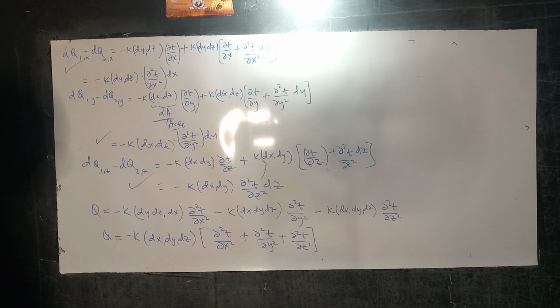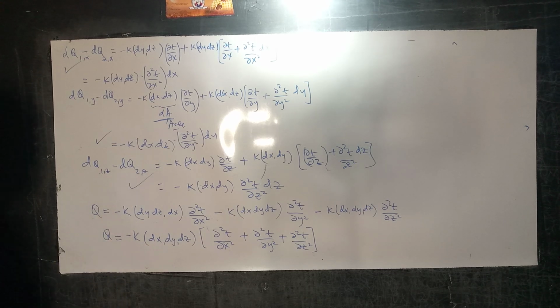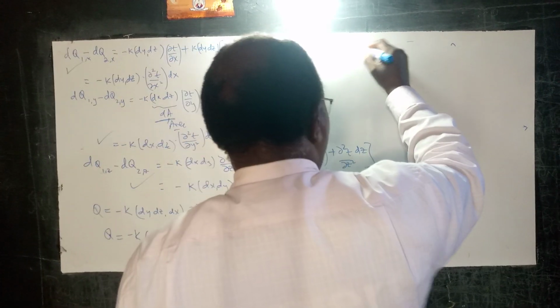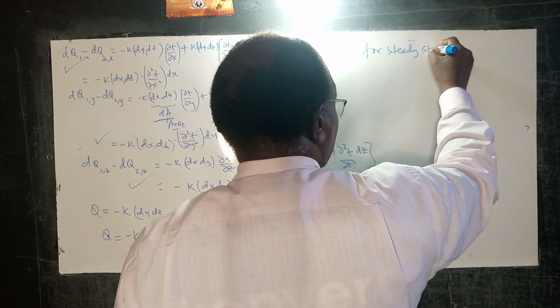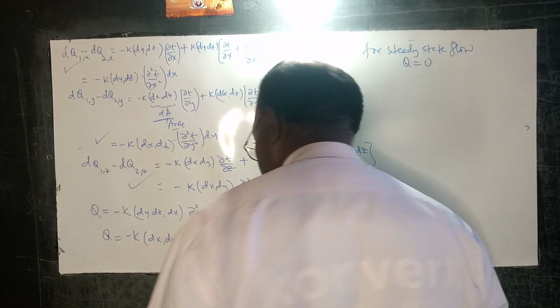Very important for us to note that. In the case of steady state flow, the overall sum should be 0. Q will be 0.